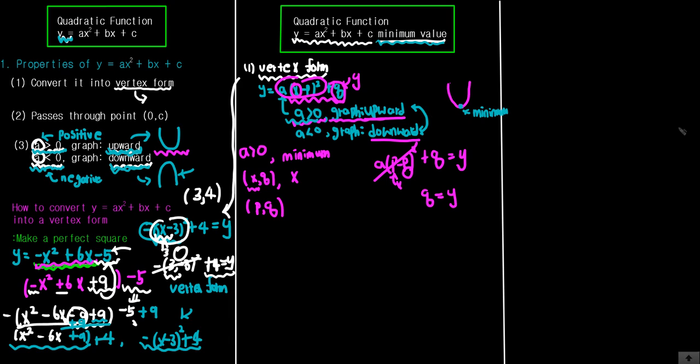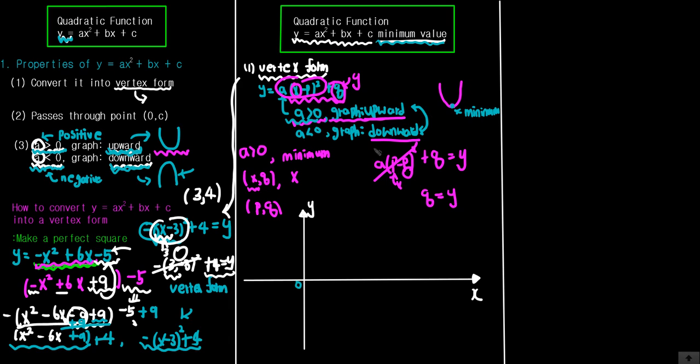If we actually graph this vertex form, in an approximate shape, it is going to look something like this. This is an approximate graph of ax squared plus bx plus c when the a value is greater than 0.